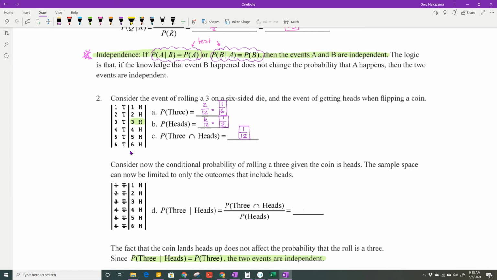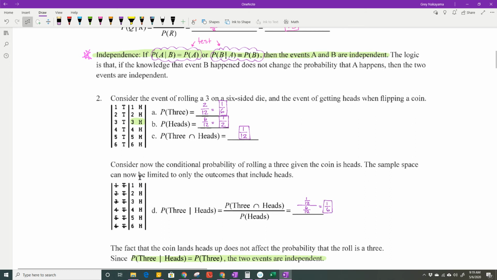If you want to apply the formula, what's the probability of 3 and heads? Well, that was 1 out of 12. What's the probability of heads? That was 1 out of 2, or 6 out of 12. Sometimes it's easier if you don't reduce it, okay? And so that simplifies to 1 out of 6.